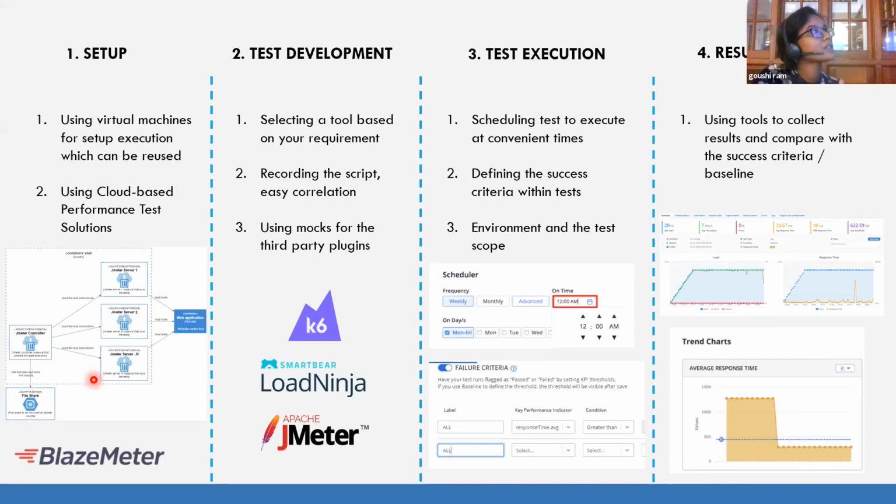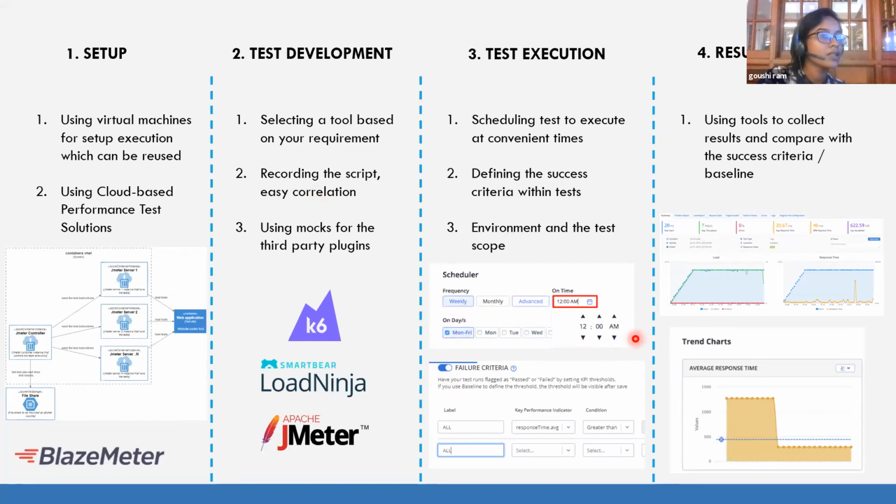At test execution, we can schedule the test to execute at convenient times. This is an example of how BlazeMeter allows us to schedule the test. We can schedule this to execute either frequently or one time depending on our requirement. Also, after scheduling, we need to define the success criteria for our test.